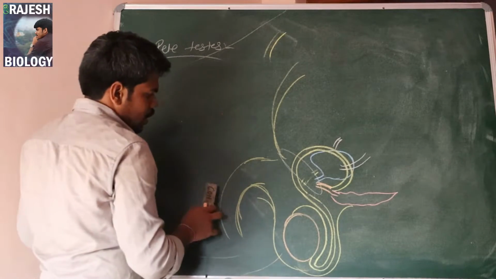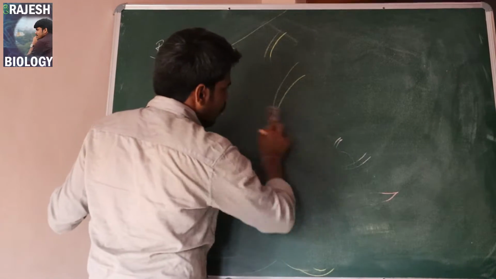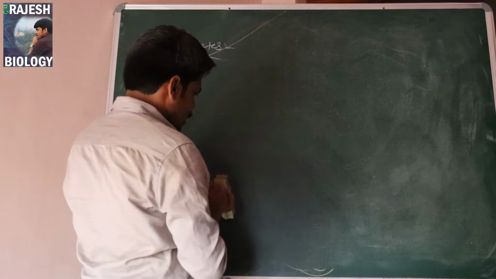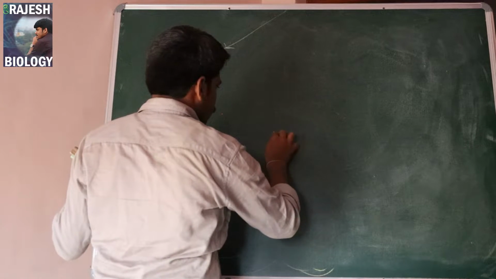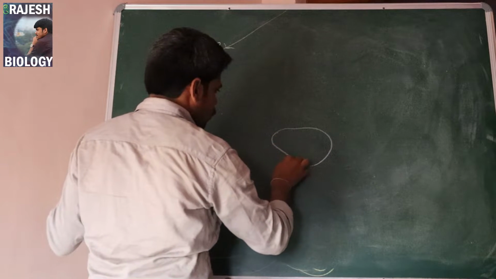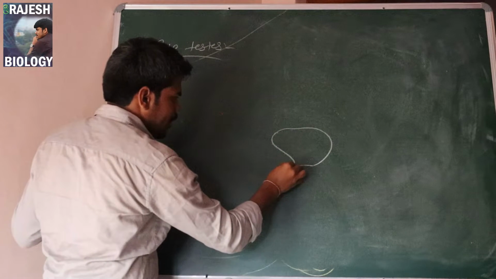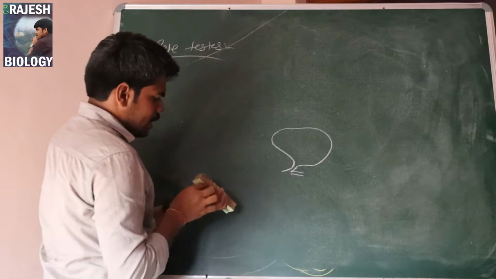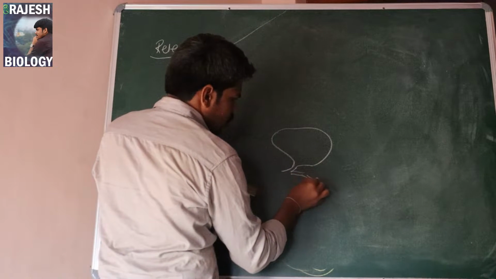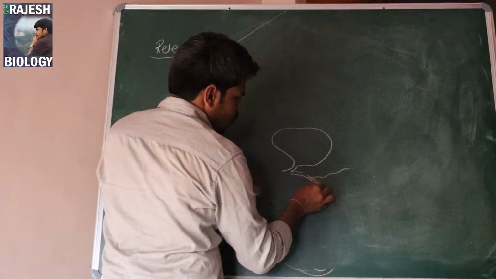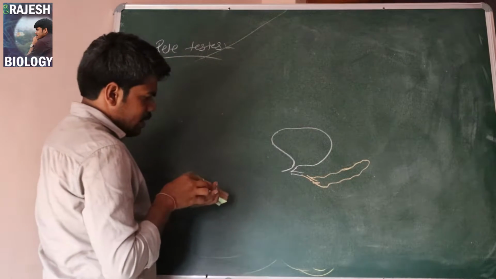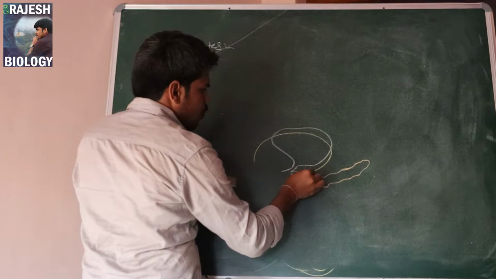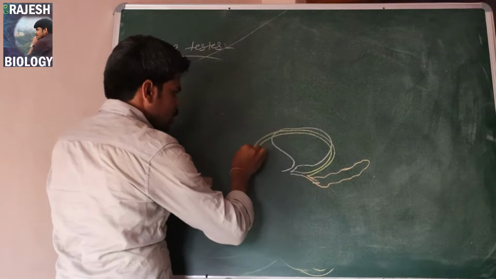So, okay, I'll do one thing in a clearer manner. I'll try to draw another diagram with a single stroke. It is the urinary bladder. It is the ejaculatory duct. Seminal vesicle. Vas deferentia or ductus deferens.